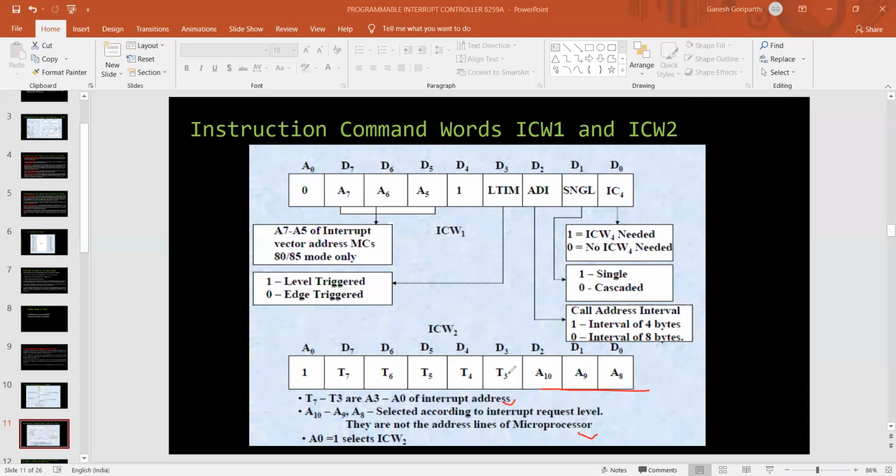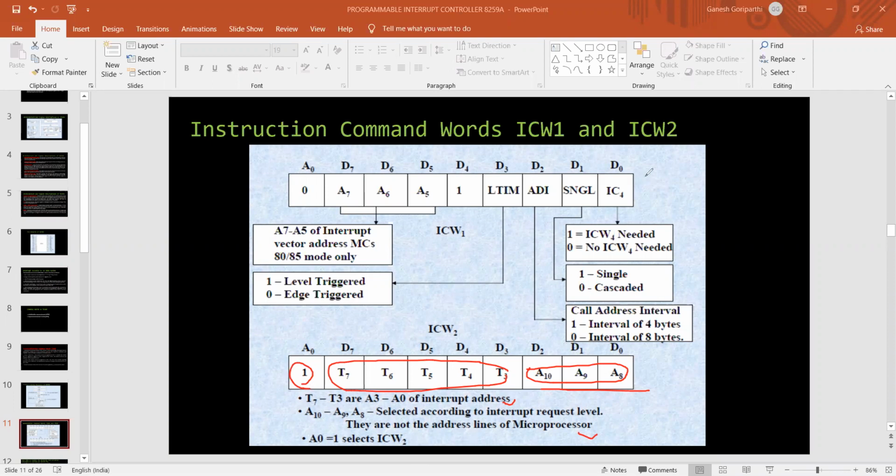These specify the interrupt addresses. If A0 is equal to 1, we are selecting the ICW2.